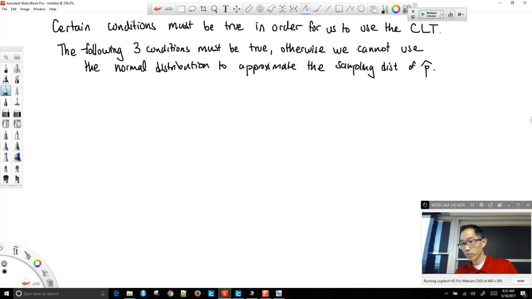Okay, so condition number 1 is called the random and independent condition. That states that the sample we are looking at must be selected randomly.